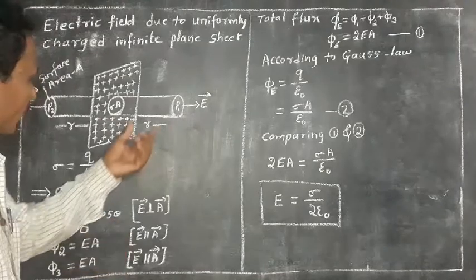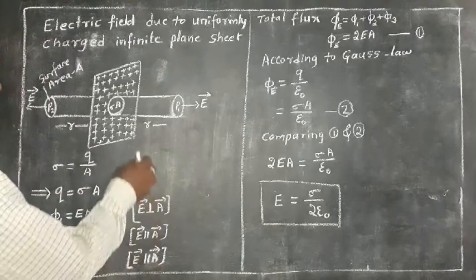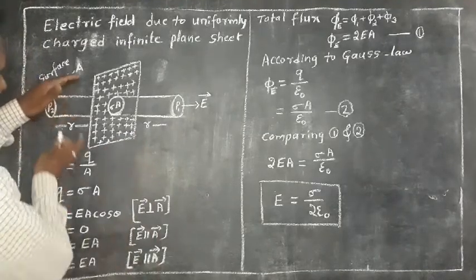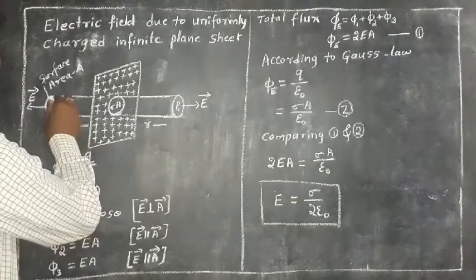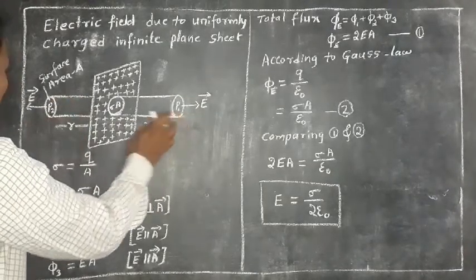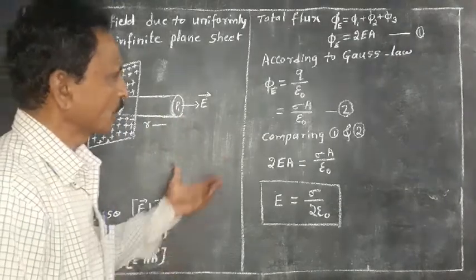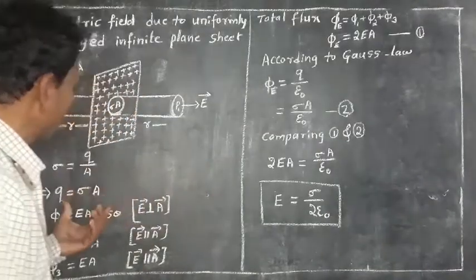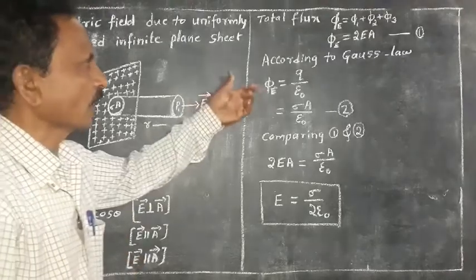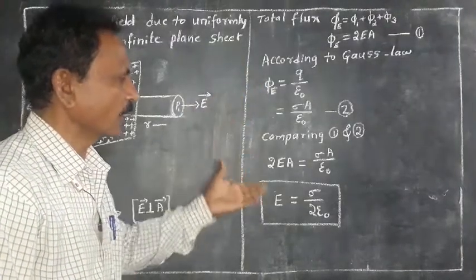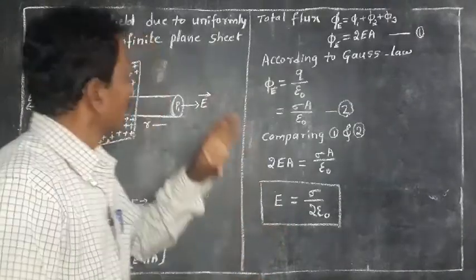And then we calculate flux through the curved surface of the cylinder and the plane surfaces at points P1 and P2. Then compare the flux calculated by mathematics or theory and the flux according to Gauss law. Then we get electric intensity. Clear?